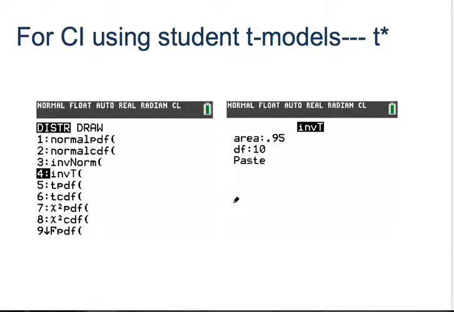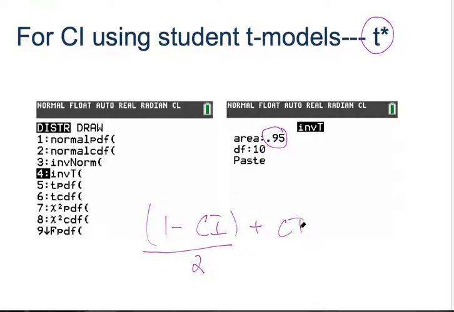Okay, a little bit more here. So for confidence intervals, to find the critical t value, this is what you would do. So inverse t, and then your area is the confidence interval. So 1 minus the confidence interval, right? And to that, you add 1 minus the confidence interval divided by 2 plus whatever the confidence interval is.